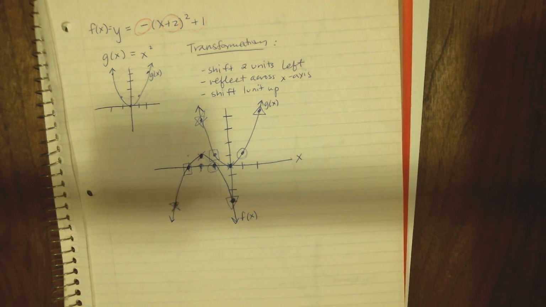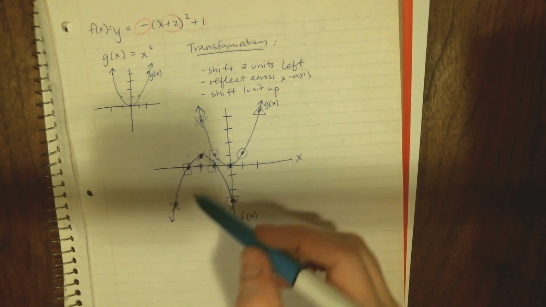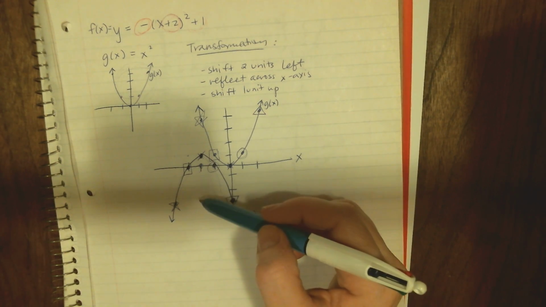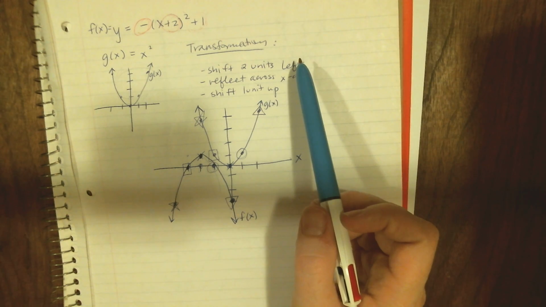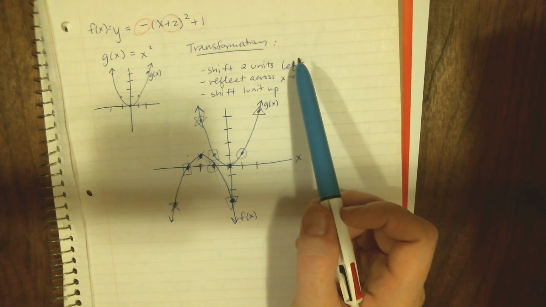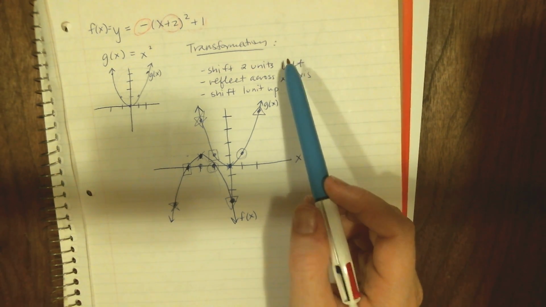Last thing: if you had any kind of stretching or compressing, that would happen to your directions going down in this case. So let's say I did have a stretch vertically by a factor of 2.